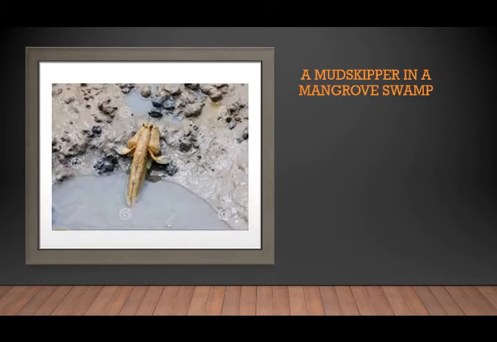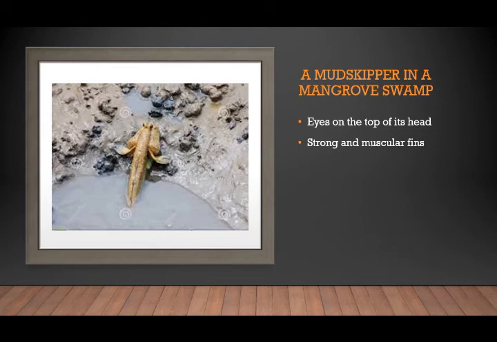This is a mudskipper in a mangrove swamp. Well, a mudskipper is actually a fish, but it's not like any other fish. It has special adaptations to its environment. The first one, it has eyes on the top of its head. That helps the mudskipper to see above the water and under the water. And the second one, you may pay attention to, strong and muscular fins.